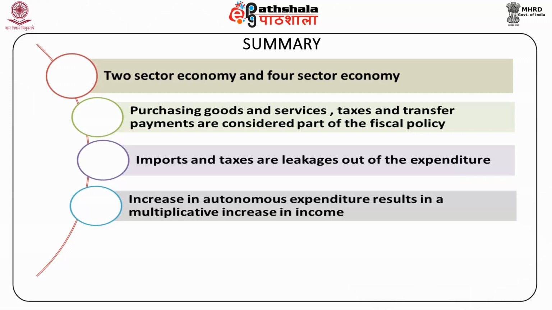In a simple two-sector economy, the multiplier denoted by K is K is equal to 1 upon 1 minus B, whereas the multiplier in the four-sector economy is K is equal to 1 upon 1 minus B plus Bt plus m. An attempt to save more will be frustrating because income will fall with the decline in consumption demand. This is called the paradox of thrift.